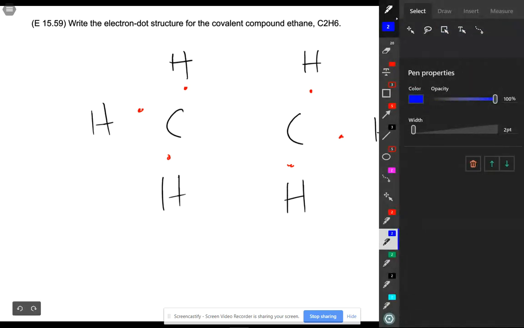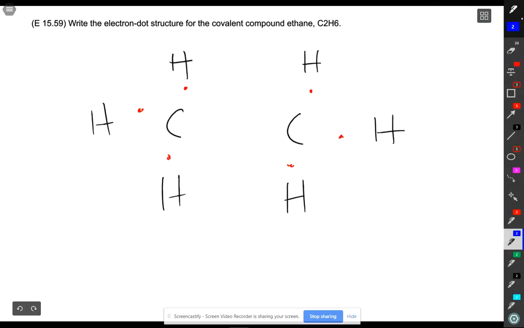So I'm going to draw the valence electrons for carbon with blue dots. Now, do you remember when we put them in, we generally put 1 on each side? And so I'm going to put 1 here. Now this is almost complete.